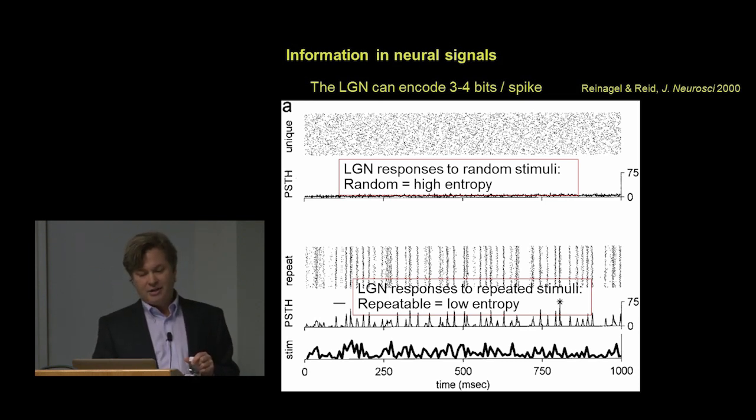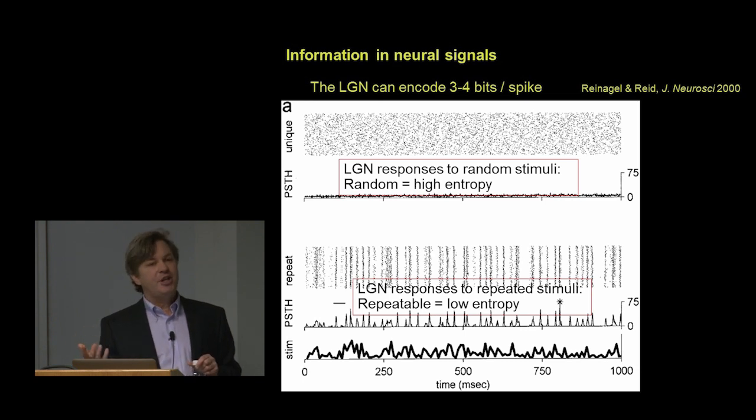And here are probably 100 or more repeats of the same stimulus. Here's the stimulus, and here are the spikes over time that the LGN cell responded with. So very high entropy in general, but very high reproducibility when the same stimulus is given.